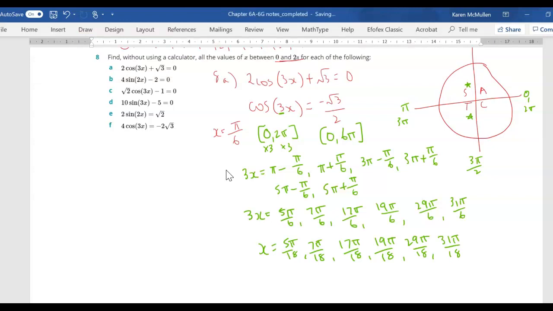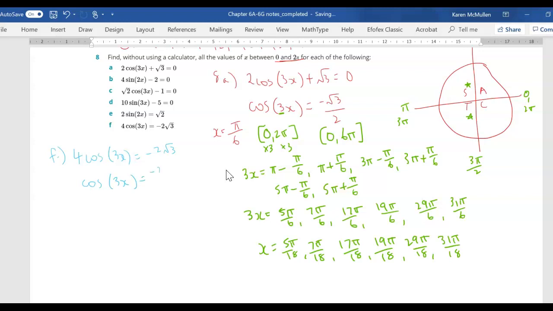In the textbook. Okay, so let me just choose one. Let's do F. So we've got 4 cos 3x equals negative 2 root 3. I nearly wrote negative 2 on root 3. All right, so we're going to divide both sides by 4.